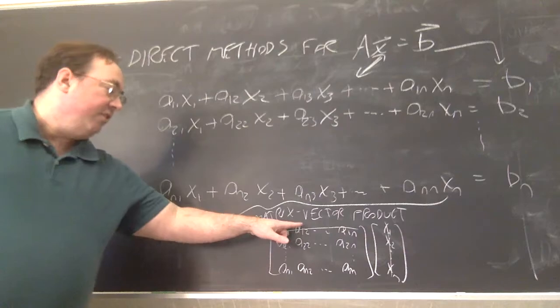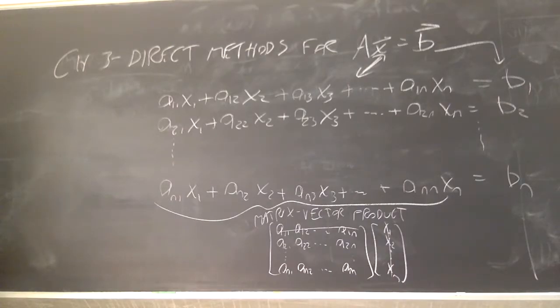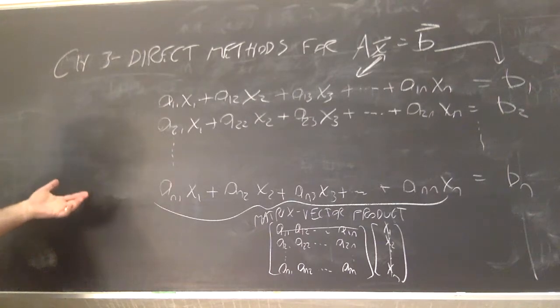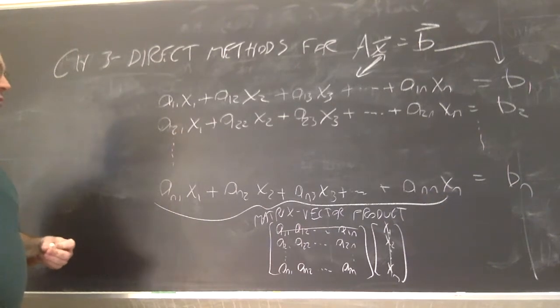And then you do it again for the second row to get the second element, and so on. Again, you want to brush up your linear algebra if necessary. The appendix at the back of the book can help with that, so I suggest you do that.